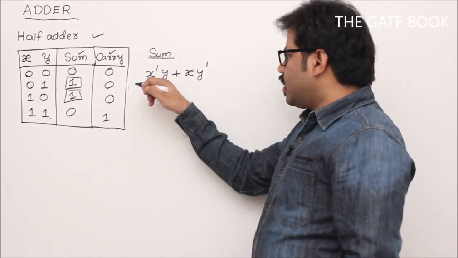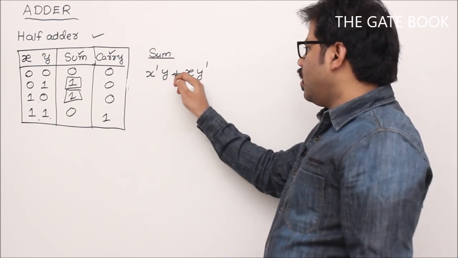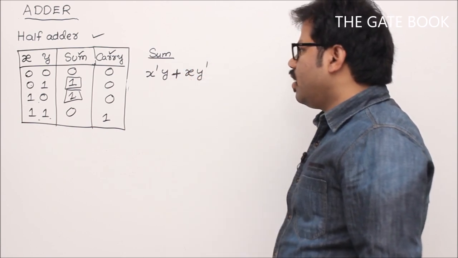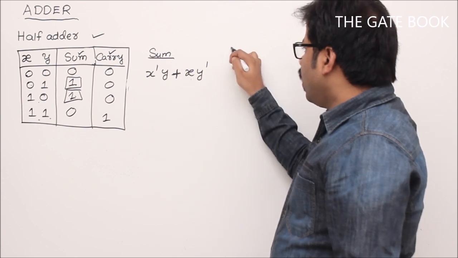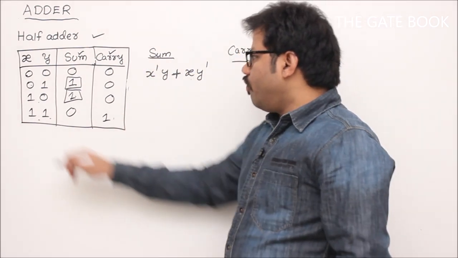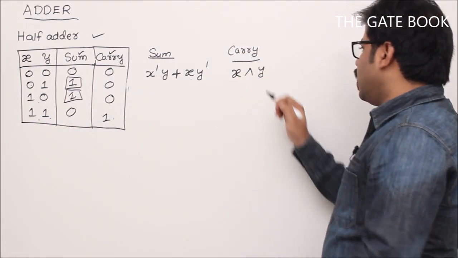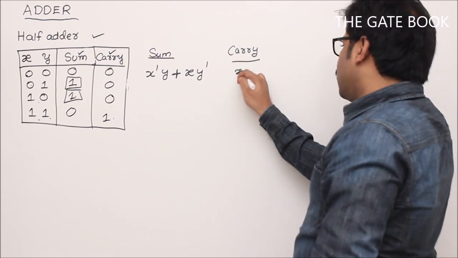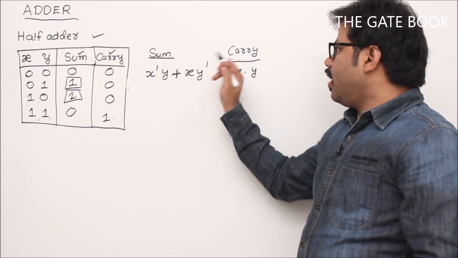So x bar and y, otherwise x and y bar. Otherwise, or means plus, we know that, right? So x bar y plus x y bar is the equation for sum, and for the equation for carry, if you see, carry should be 1 when x is 1 and y is 1. In digital, x and y is nothing but x dot y, correct? So finally we got the equation for sum and carry.